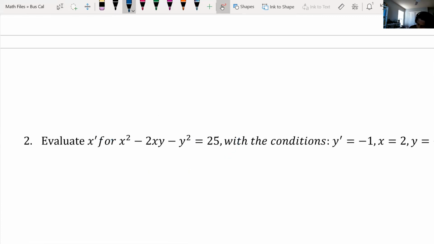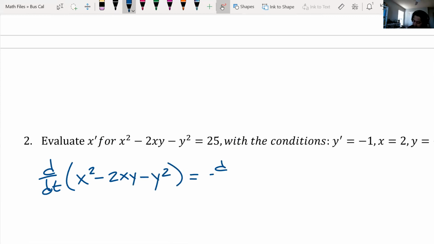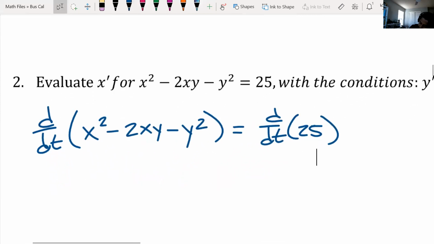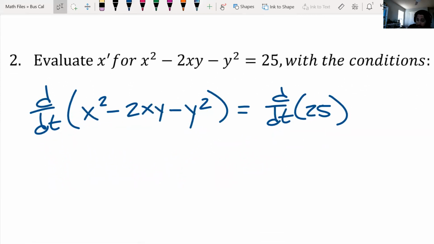So we're going to say d over dt of x squared minus 2xy minus y squared equal to d over dt of 25.